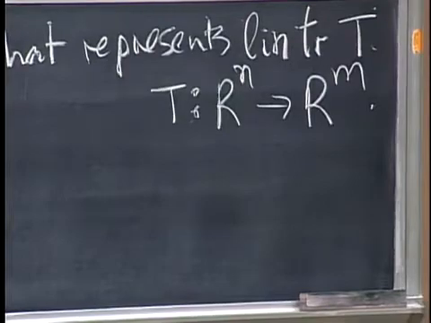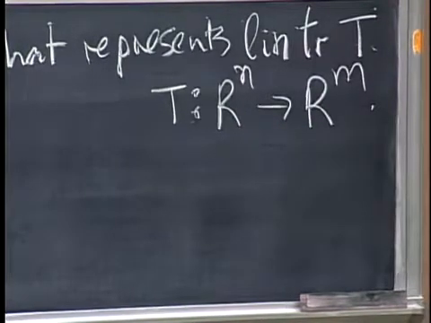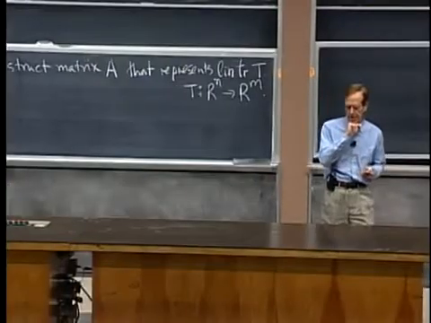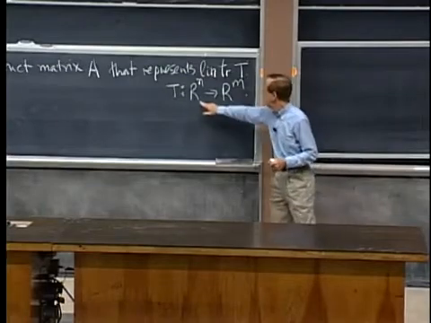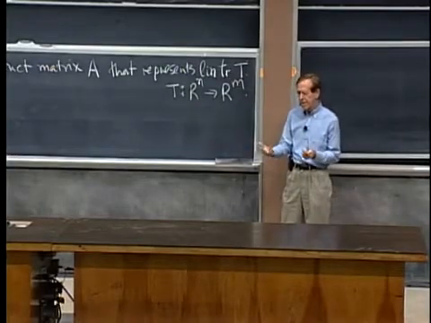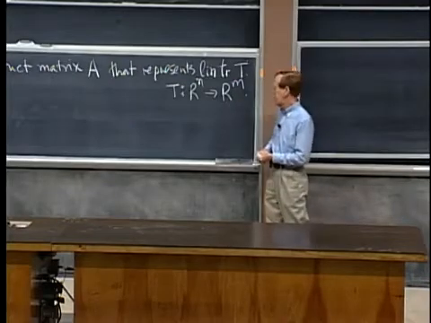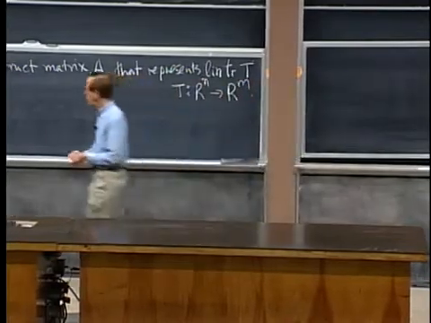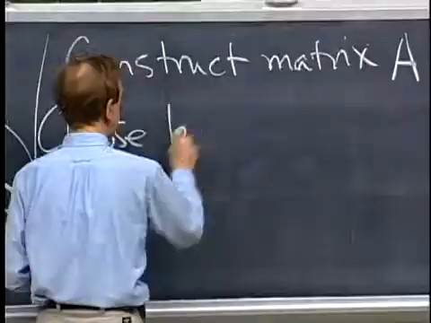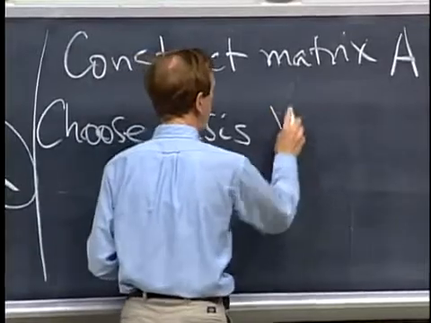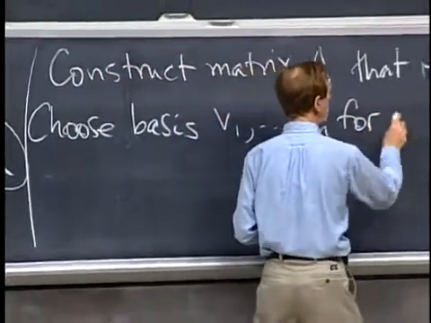And the whole point is that if I have a basis for n-dimensional space, I guess I need two bases, really. I need an input basis to describe the inputs, and I need an output basis to give me coordinates, to give me some numbers for the output. So I've got to choose two bases. Choose a basis V1 up to Vn for the inputs.